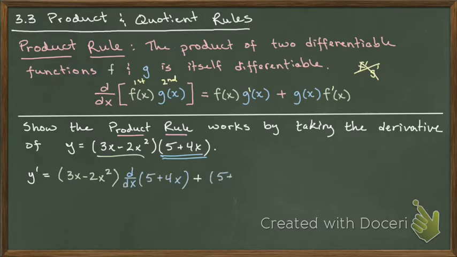Plus the second function, 5 plus 4x, times the derivative of the first. Okay? So after you do a couple of these, you'll be able to take those derivatives in real time, but I've written them with that d/dx notation. That's implying that I still have to actually take a derivative, okay? But I want you to see where those parts are coming from, so try to relate that up to what I have in pink at the top.